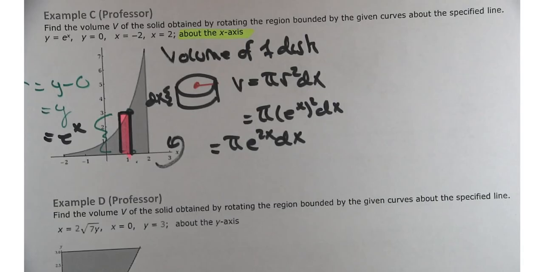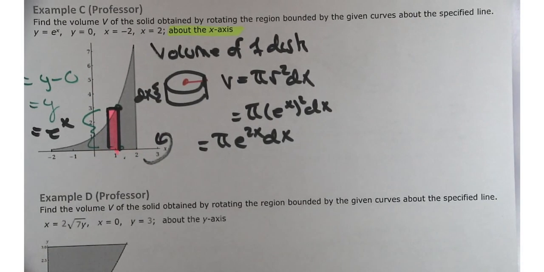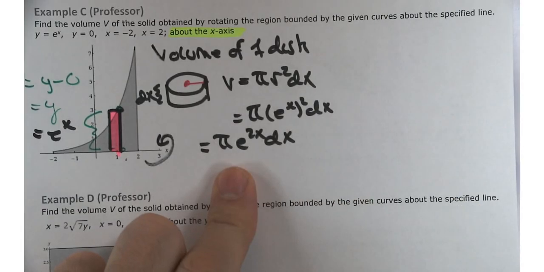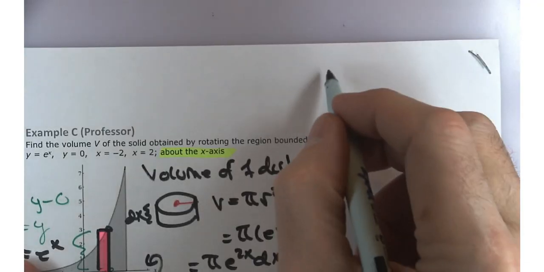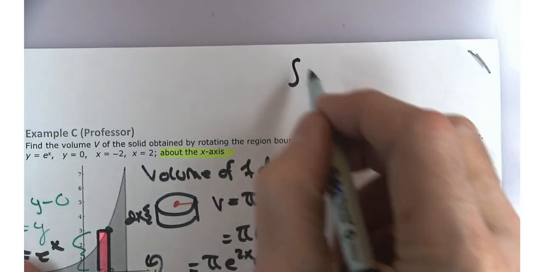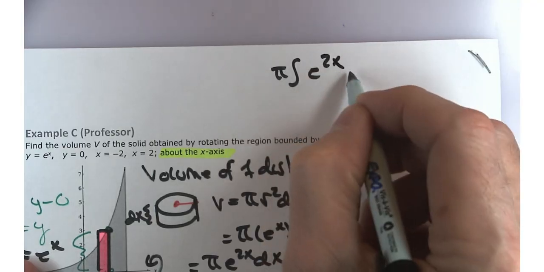Let's see about finding the volume of this entire solid of revolution. Can you envision what that would look like if you rotate this around the x-axis? It's going to look like the end of a trumpet, flaring out like a horn. In any case, let's find that volume. I'm going to move up a little bit because I think I'm going to need the room. So, integral, I'll take the pi out, e to the 2x dx.